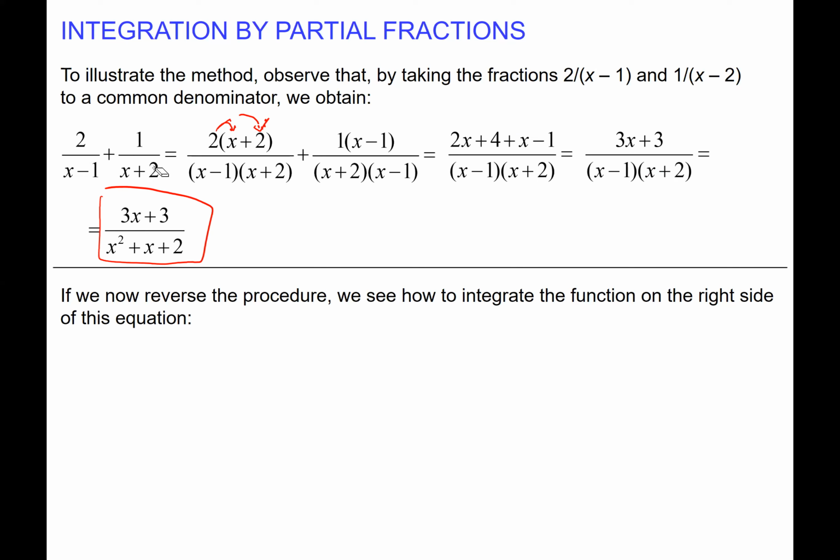Now the point is, for example, to integrate this function, this rational function. If you see this type of rational function, what can we do? We may try the U substitution, but it probably will not work. It's definitely not a trigonometric substitution. It's definitely not a good function for integration by parts.